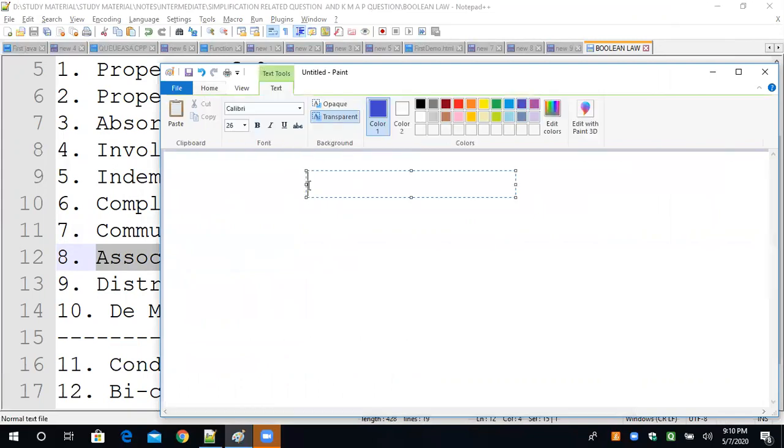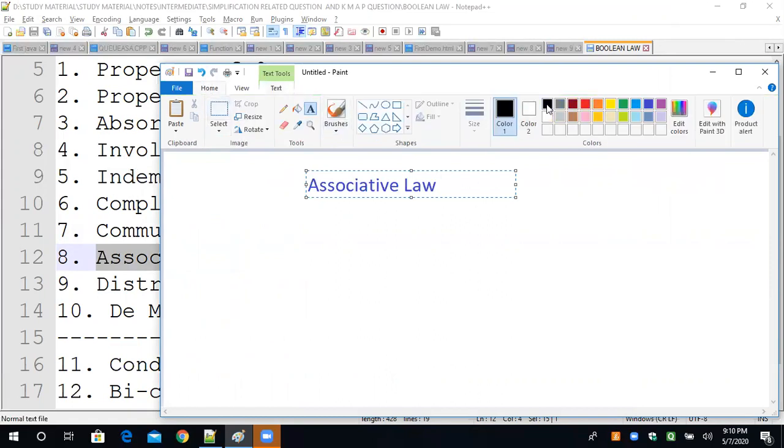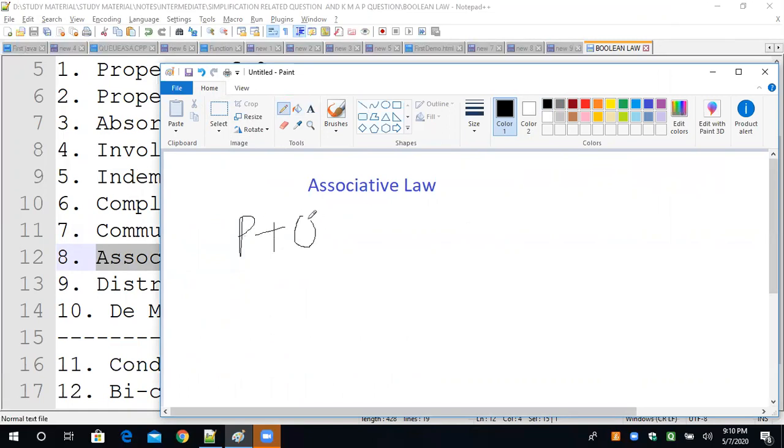And here I'm pasting the associative law. Okay, so according to the associative law, suppose P plus Q is written in a bracket and plus R is outside.